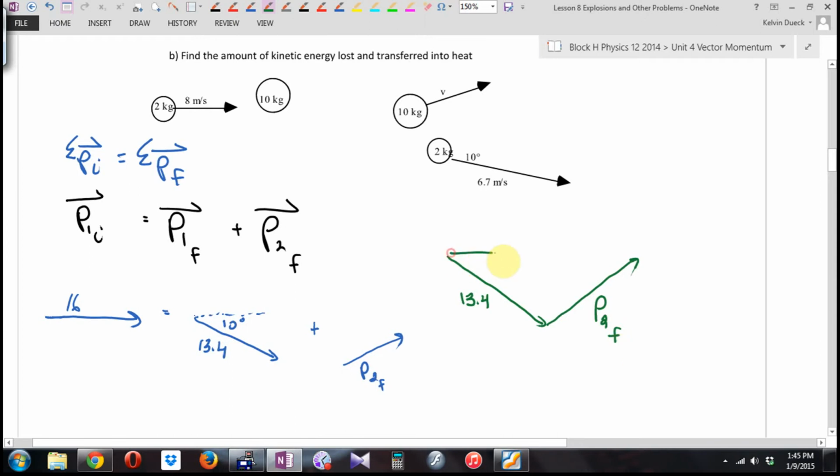And that's why I can add a resultant of 16. The other thing that makes this one a little nicer than some of the ones we did last day or during lesson 6.5 is theta. Sarah, can you see the 10 degrees actually fits right? It's got to go right in there, right? Because it looks like the 13.4 below a horizontal line is 10 degrees, and I have a 13.4 below a horizontal line in my triangle.